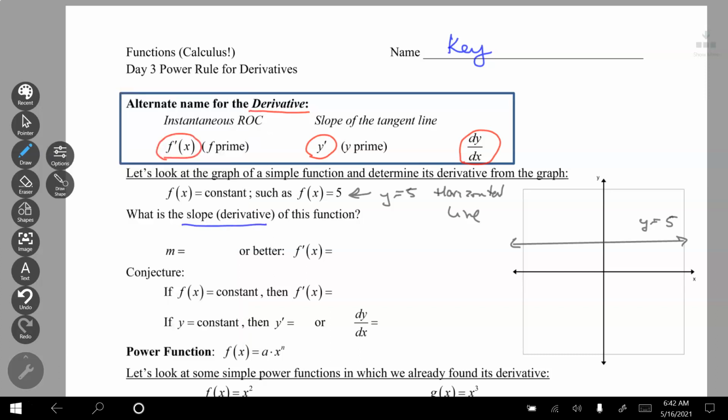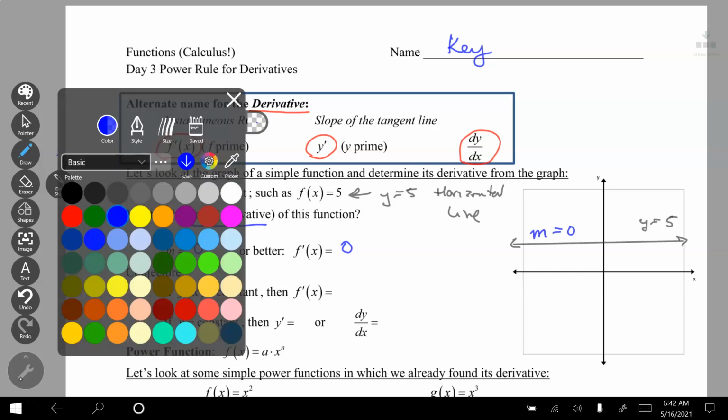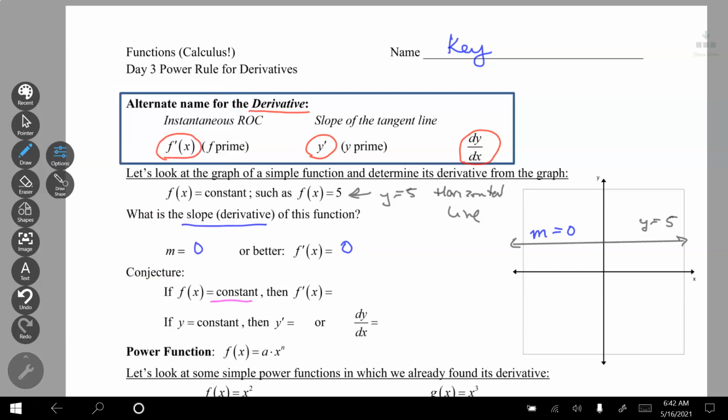What is the derivative or the slope of this function? Well, definitely the slope of every horizontal line is 0, or f prime is equal to 0. So my conjecture is, if I have a function that is a constant, 5, -2, whatever you want to call it, its derivative is 0. f prime is 0, or y prime is 0, or what we call dy over dx is 0.